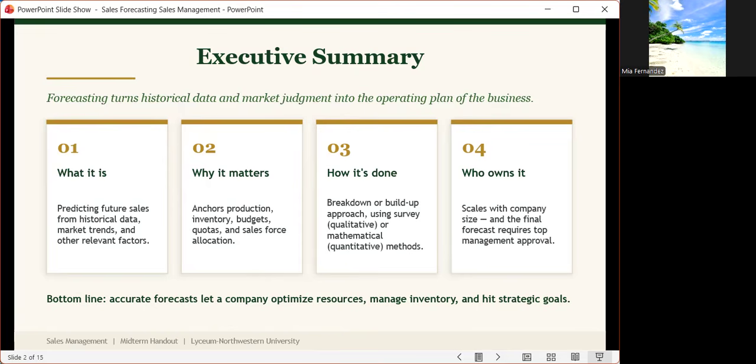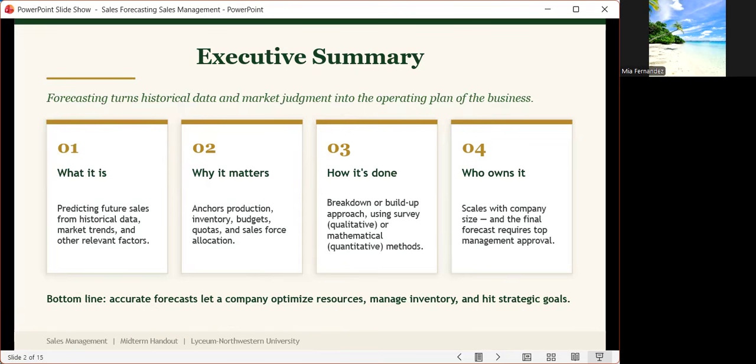What else? Allocation of sales force, or how many salespeople you need to hire for a certain period. That's how you could base your decisions someday if you are already a sales manager.